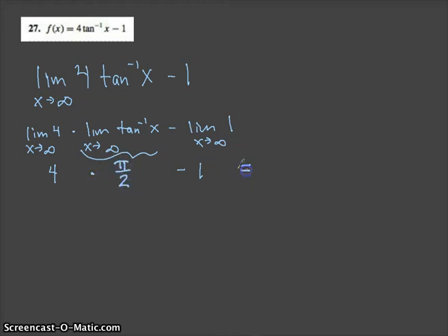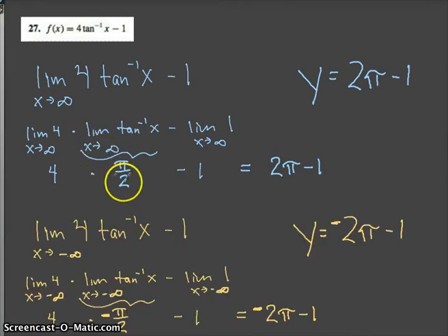So the limit, 4 times pi over 2 is 2 pi. Our limit as we approach positive infinity is 2 pi minus 1. So we do have one horizontal asymptote, and that's 2 pi minus 1.